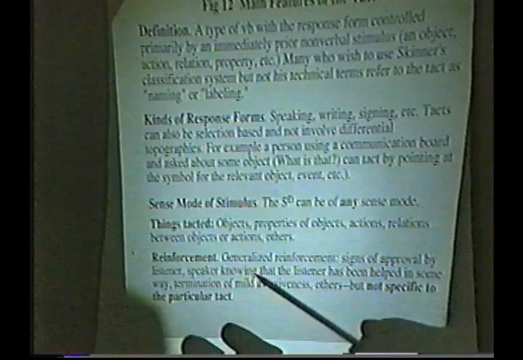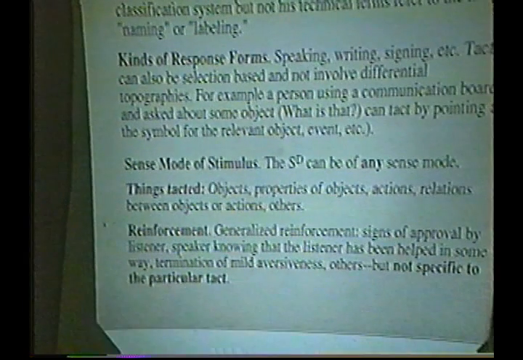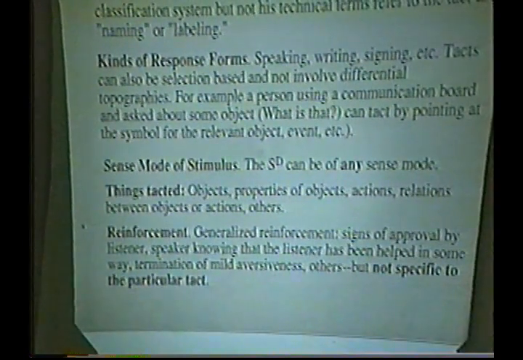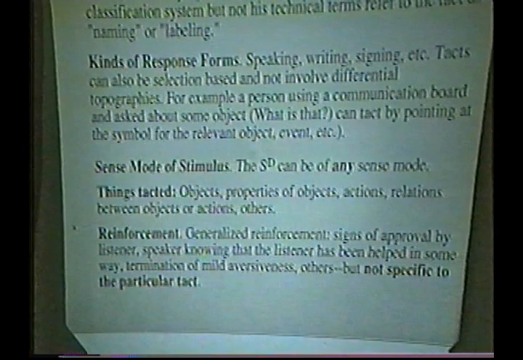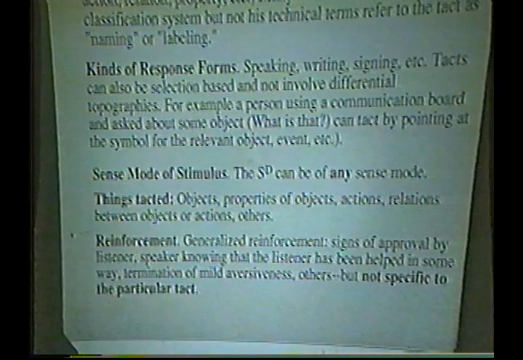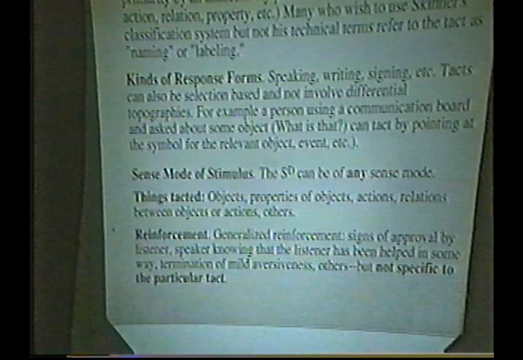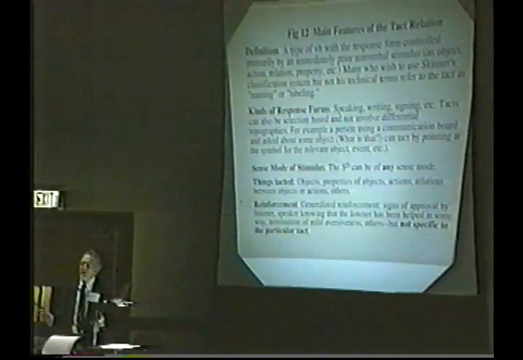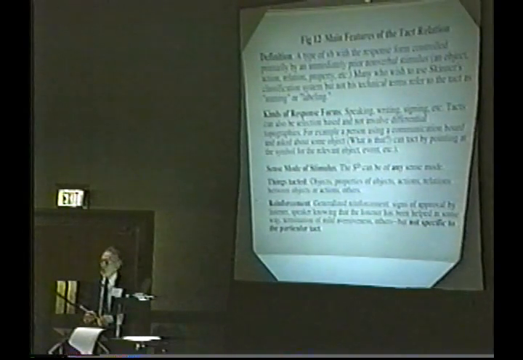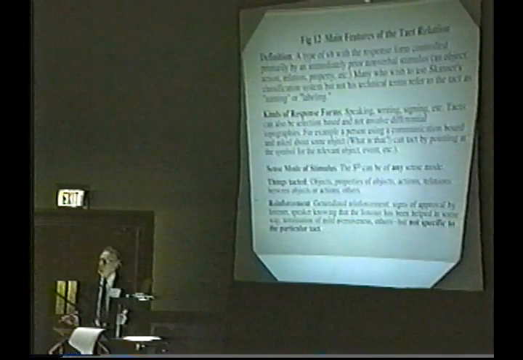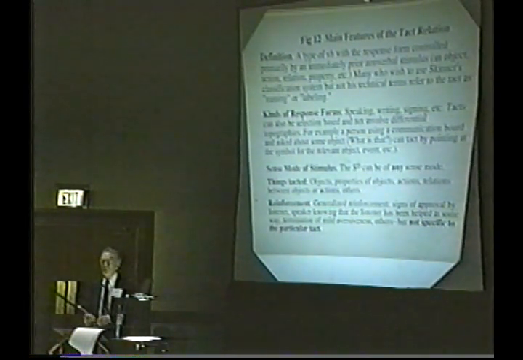Reinforcement is generalized reinforcement. In other words, when we name things, what do we get out of naming something accurately? Well, it's behavior that we're doing for someone else. What do they give us for it? It may be in an educational setting that we get social approval for learning the new name of something, as in a child's training situation.